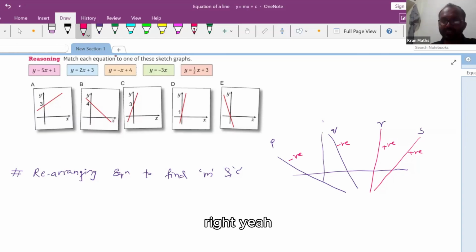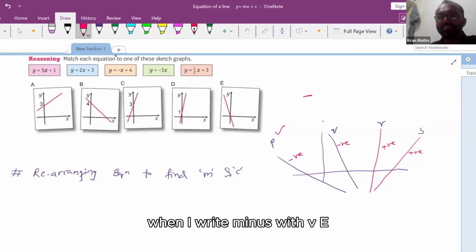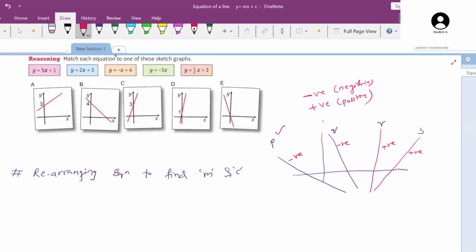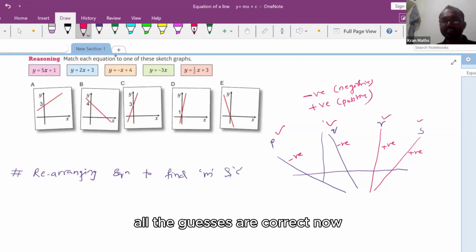Right? Yeah. So is the VE for negative and a positive? Yeah. When I write minus with VE, it is negative, and plus with VE is positive. Good observation, Arvind. So all the guesses are correct here.